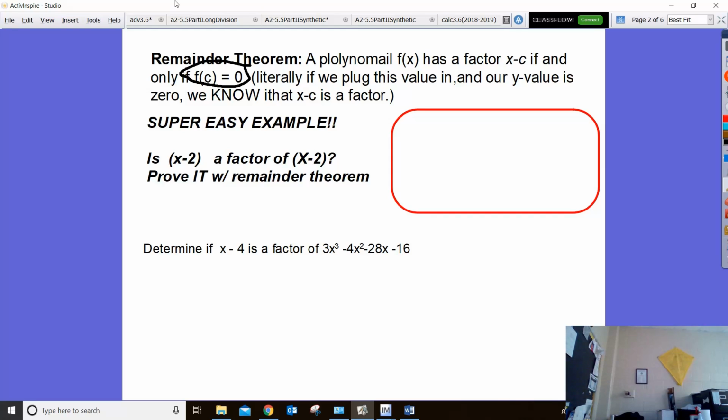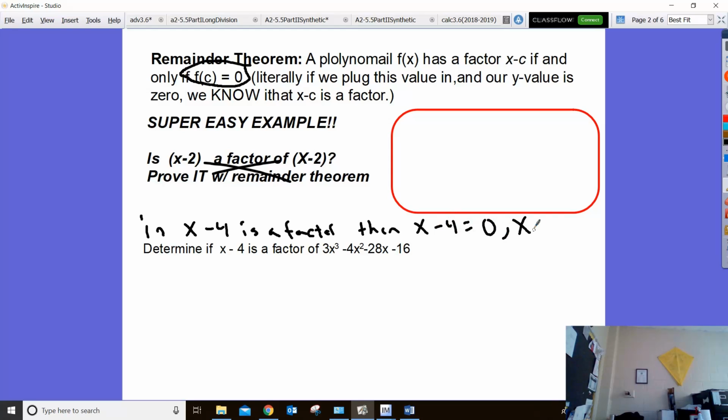So determine if x minus 4 is a factor of this guy. What you think about is, and we're not even going to do the easy example. We'll do the one beneath it. If x minus 4 is a factor, think about doing cover-up methods and stuff like that, right? Then x minus 4 has to equal what?